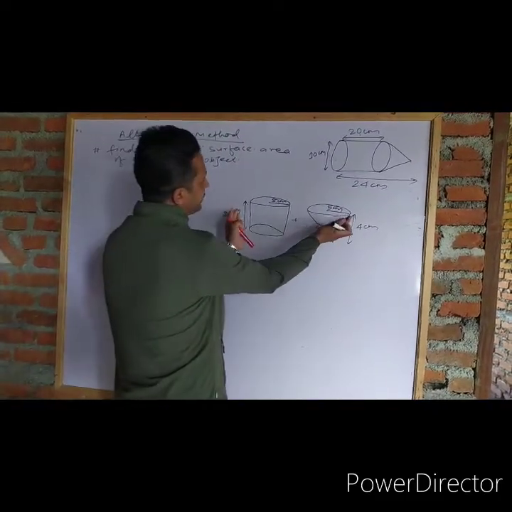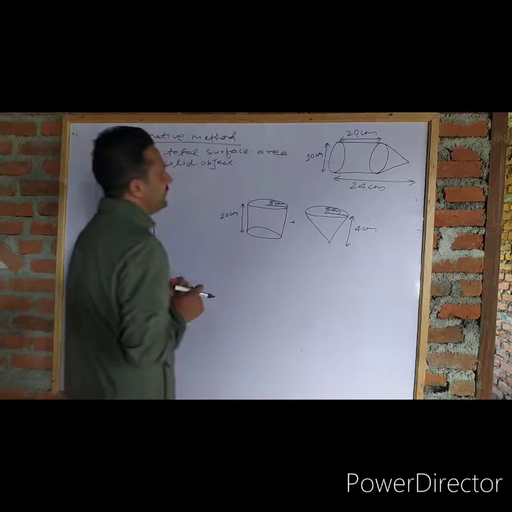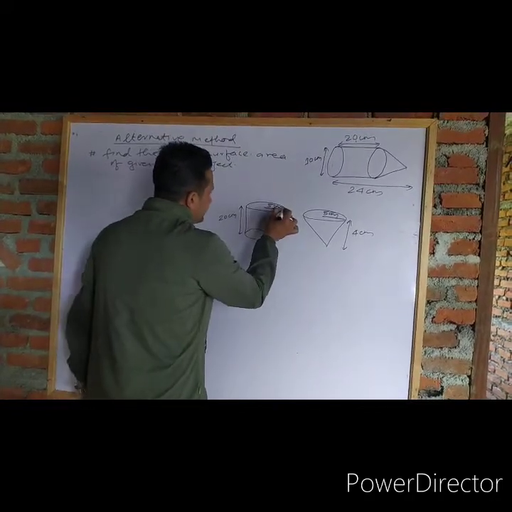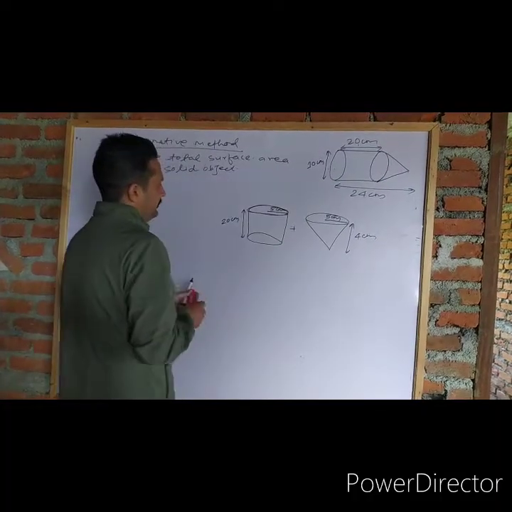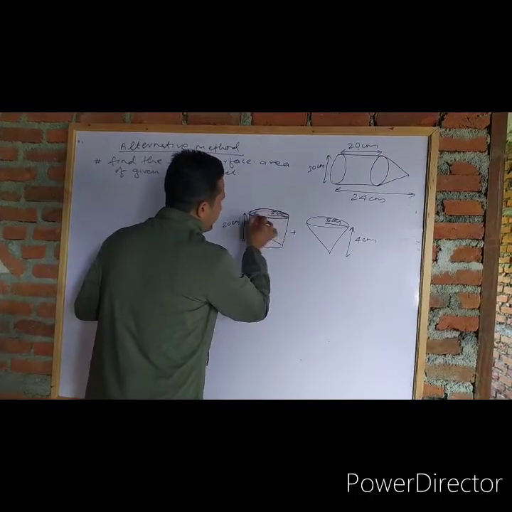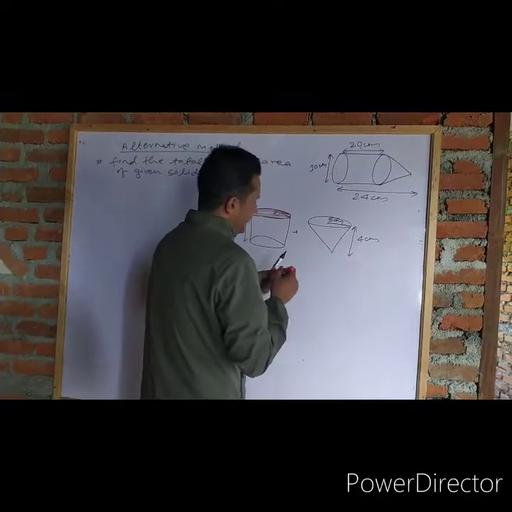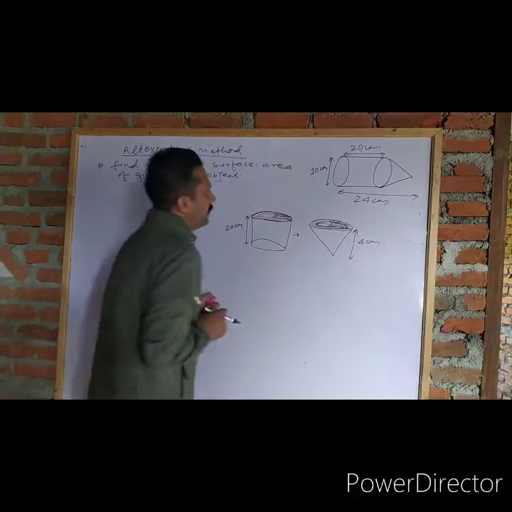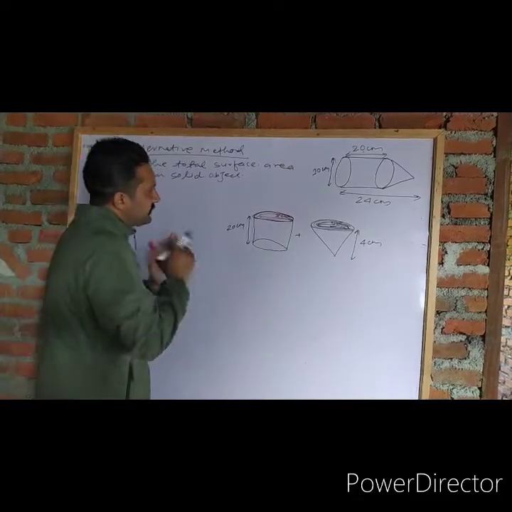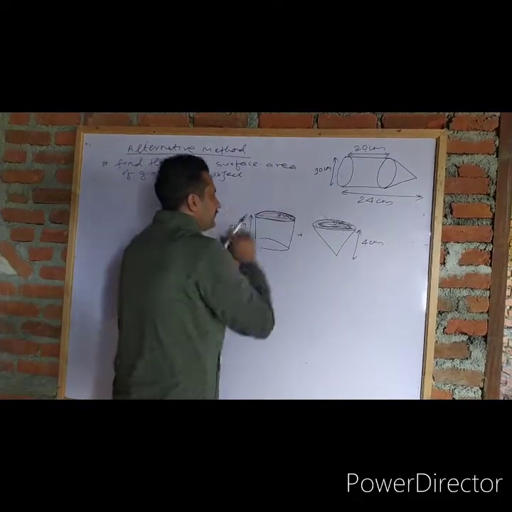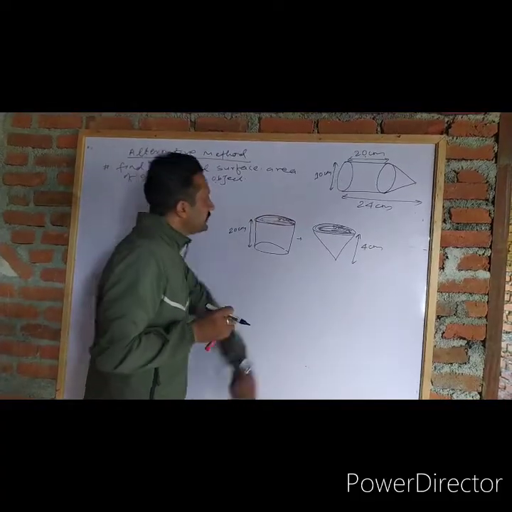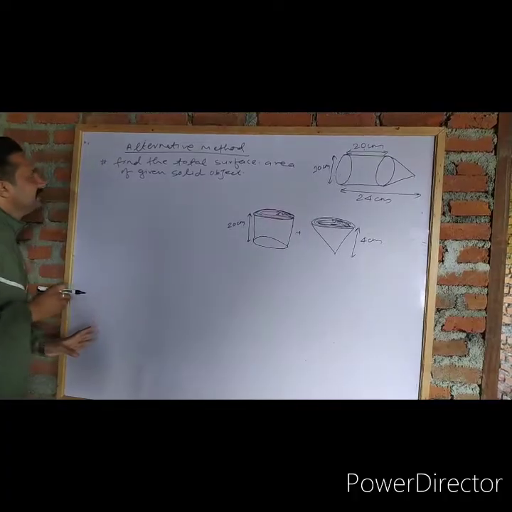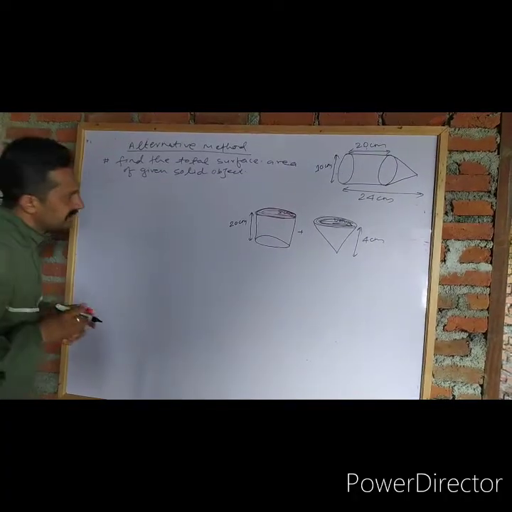And if we combine these two figures to make a combined solid, then this part of cylinder and this part of cone will overlap each other. So we will subtract the area of these two circles from the total surface area of these two solids, then we will get the total surface area of the given solid.